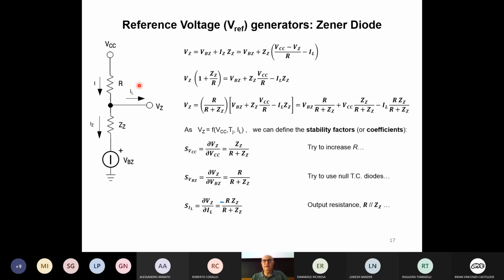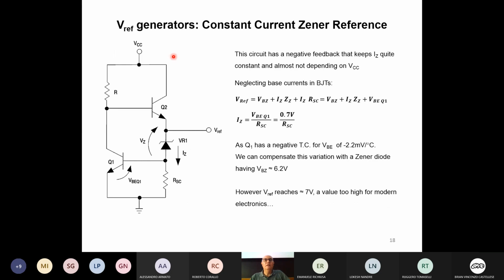Or we can use a simplified version, that is this one. This is called the constant current Zener reference. Basically it is a circuit using two transistors, Q2 and Q1, which has a feedback in the circuit, which tries to keep the current through the Zener diode as constant as possible.